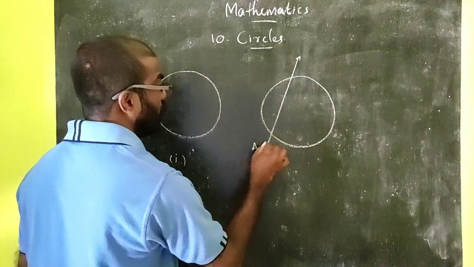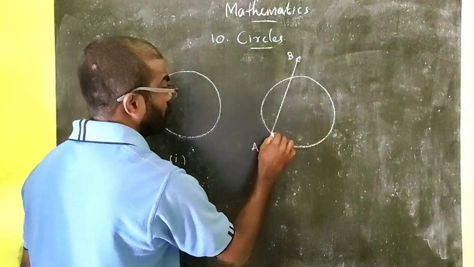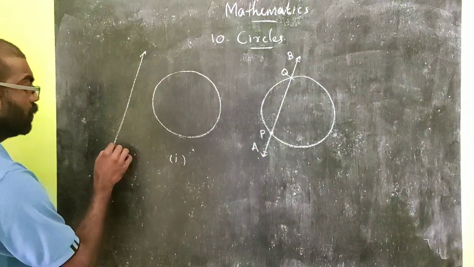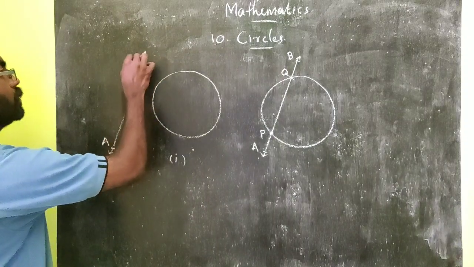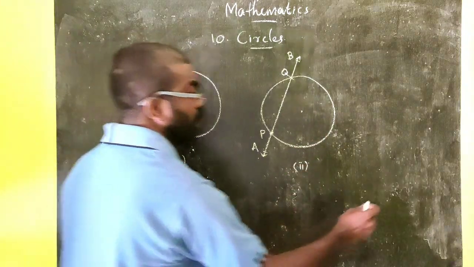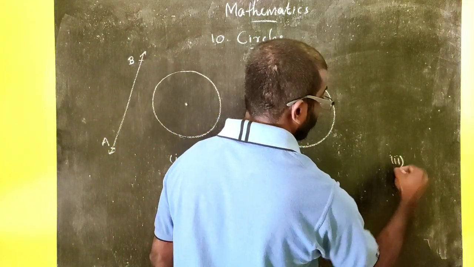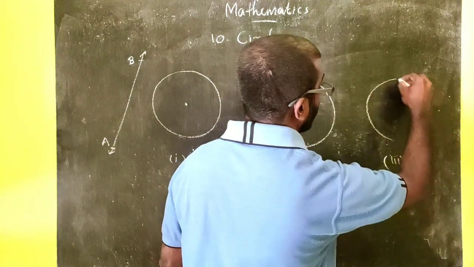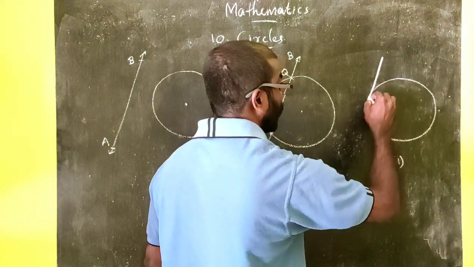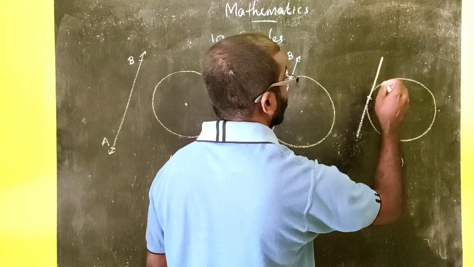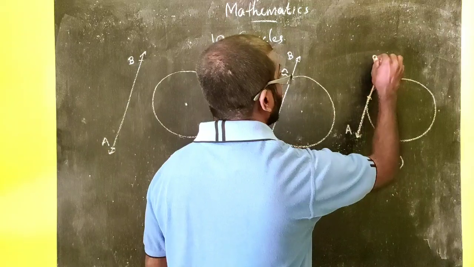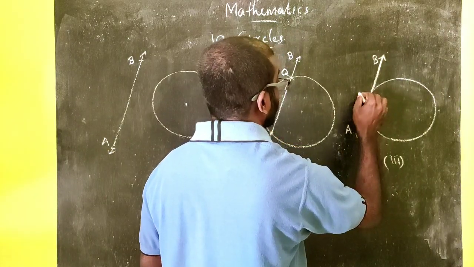We can mark the line as AB, and these intersecting points as P and Q. And the third one is, here is a circle and a line. So this is AB and the point of intersection is P.